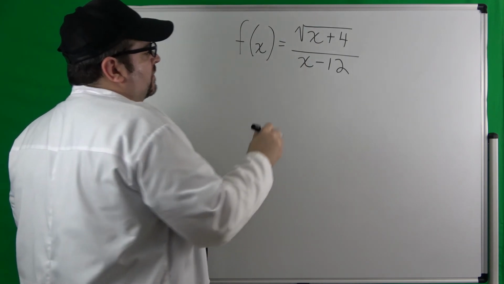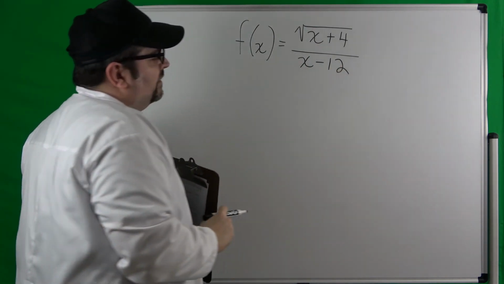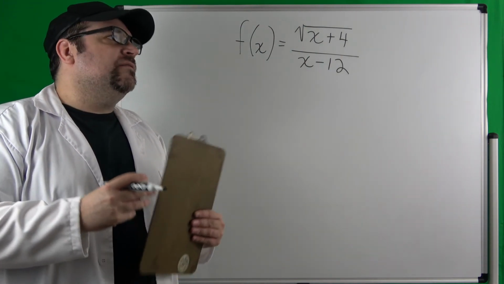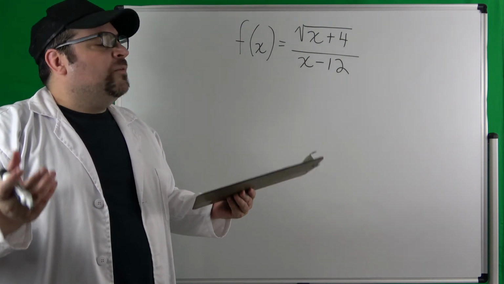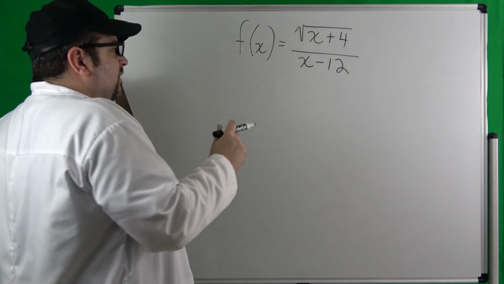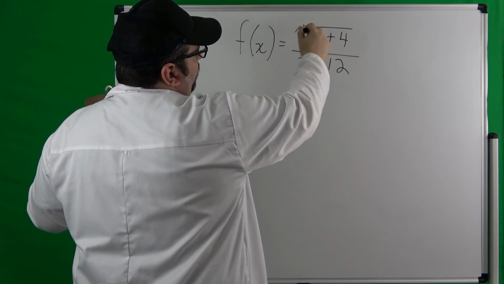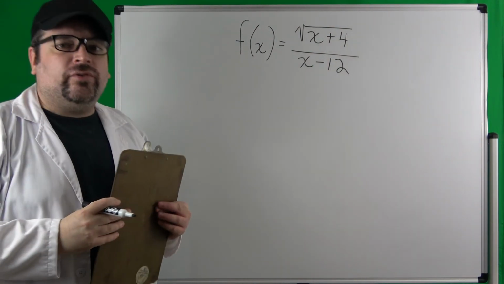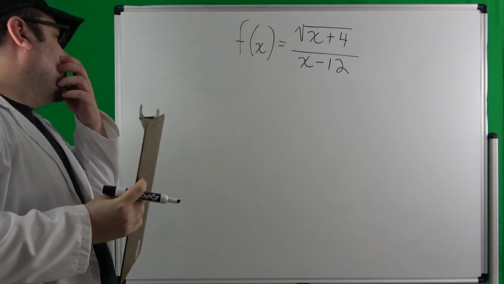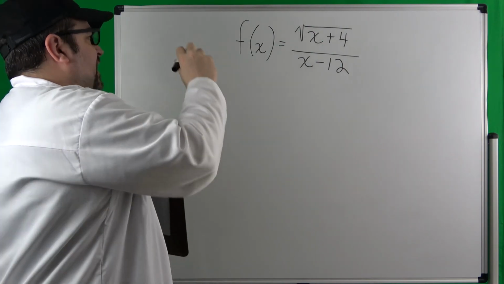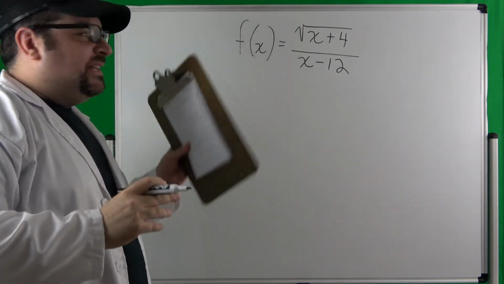Because as we know, the denominator can't equal 0, because unfortunately, we can't divide by 0. And what's under a radical can't be negative, because we can't take the square root of a negative number. That's just the square root. If that was the cube root, we could.